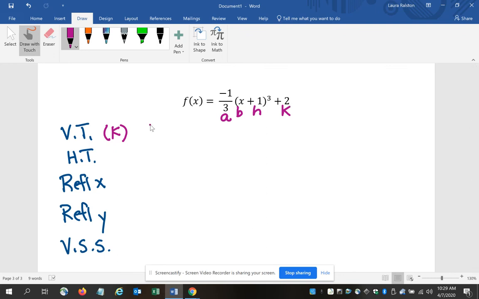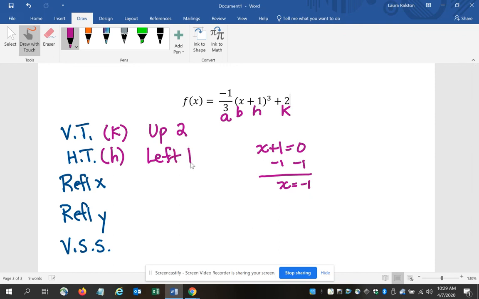It is up 2 because it's +2. My horizontal translation is determined by H. Again, if you'll take the expression x plus 1 and solve for x, you'll avoid making a directional error, whether to go left or right. It ends up being a -1, so we're going to go left 1 unit.